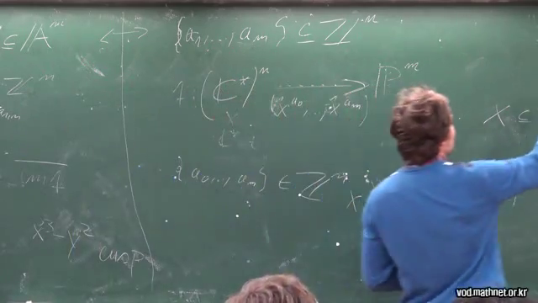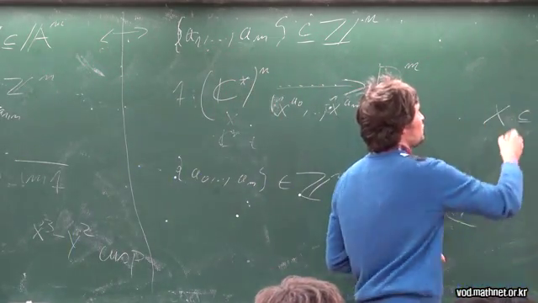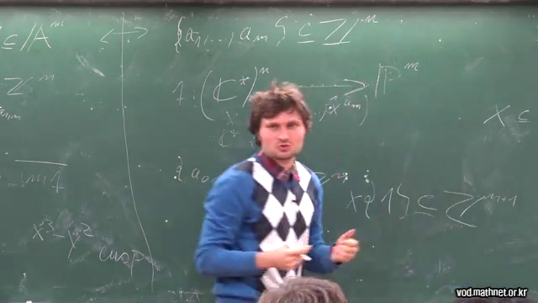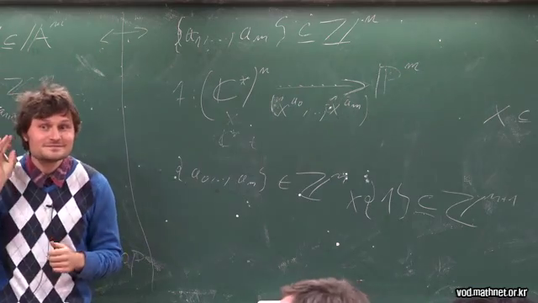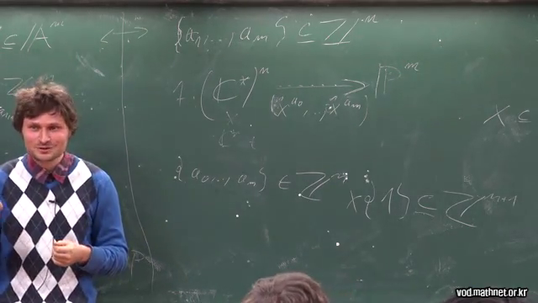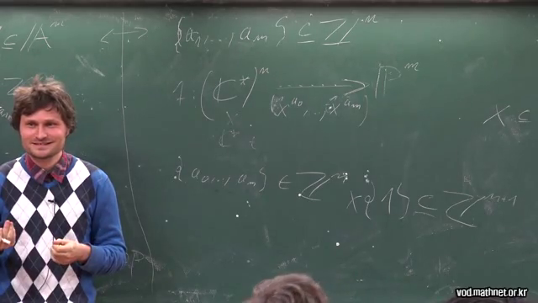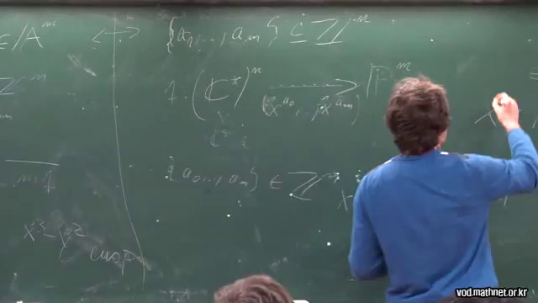So there will be some other variety in A^(m+1). And how is it related to X? Yes, I think it was the correct answer. Affine cone, yes, it's just an affine cone.